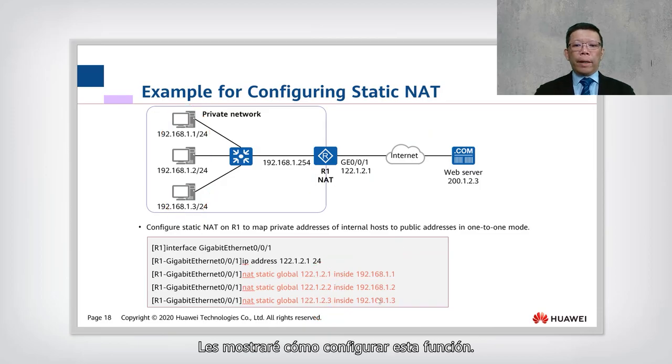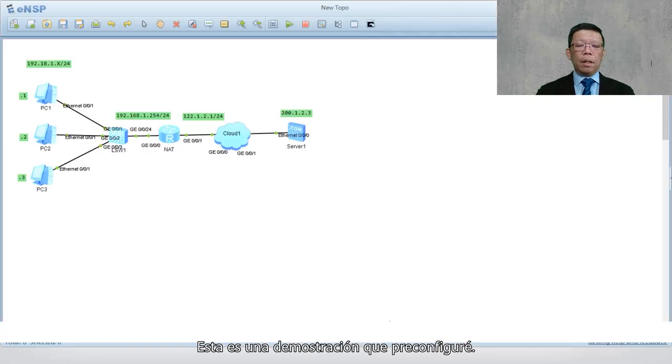So to give you an idea of how this is configured, let me show you the lab. This is a demo that I pre-configured. Again, this is very similar to the diagram just now. We have PC 1, 2, and 3, which are 192.168.1.x. Then we have our switch here, which is layer 2. Then we have gig 0/0/0, whose IP address is 192.168.1.254.